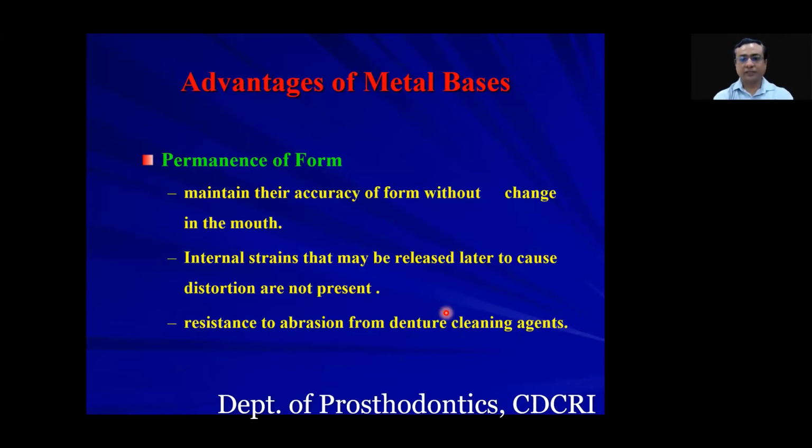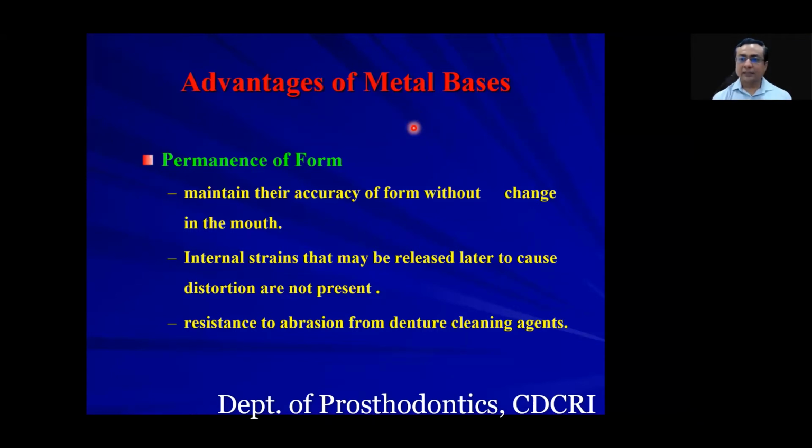Second is permanence of form. Once you have given the form to a metal, it will retain its form without change in the mouth. This is made possible because metal is not subjected to any internal strain, which may lead to distortion.